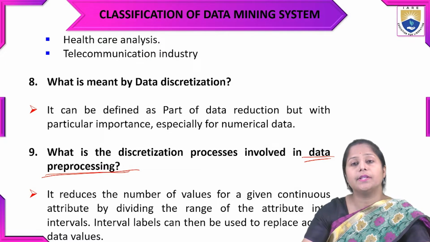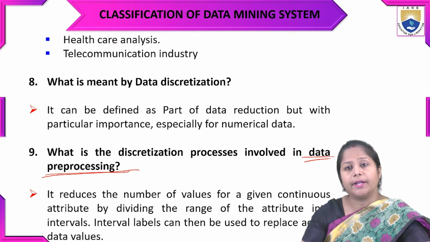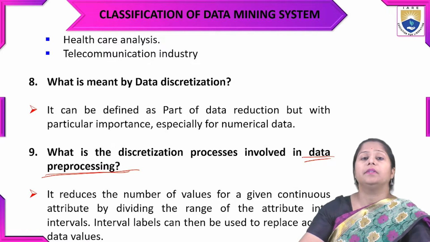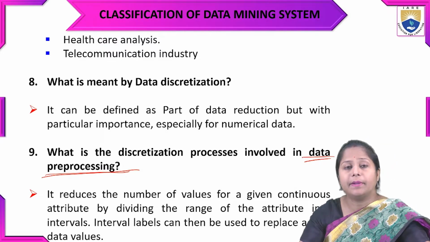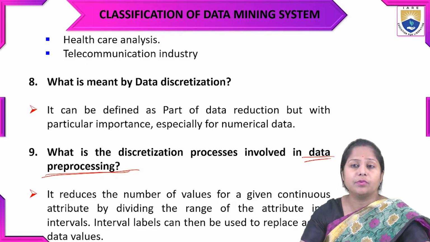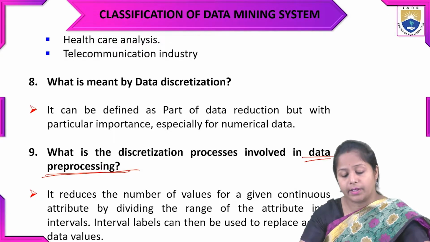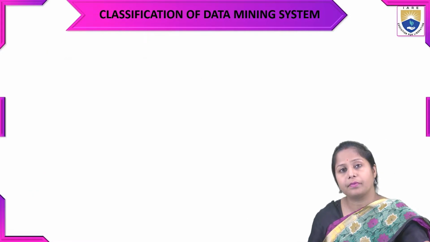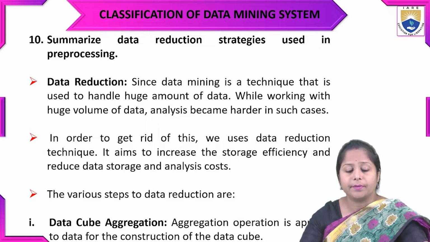Discretization is going to reduce the number of values for a given continuous attribute by dividing the range of the attribute into intervals. So if a continuous attribute is there in the data processing, we have to use it as an interval. The interval label can then be used to replace the actual data value. Like this we can reduce the number of values for a larger data set.